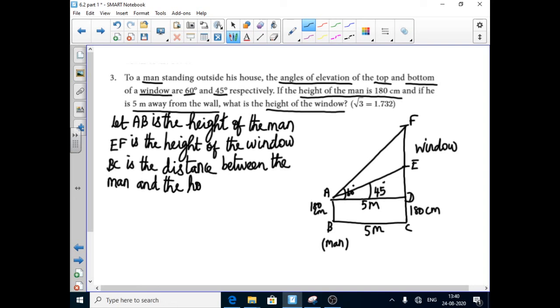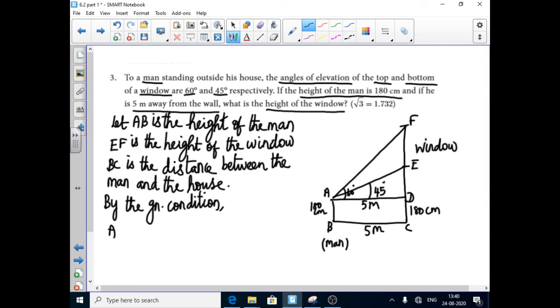You have to write everything. By the given condition, we have to mark the measurement of each thing.